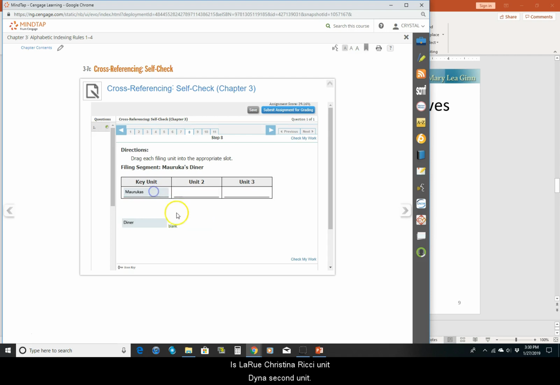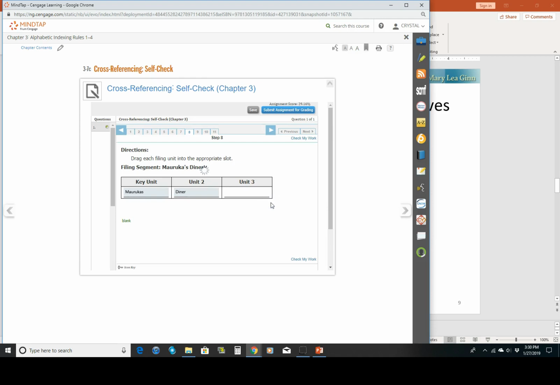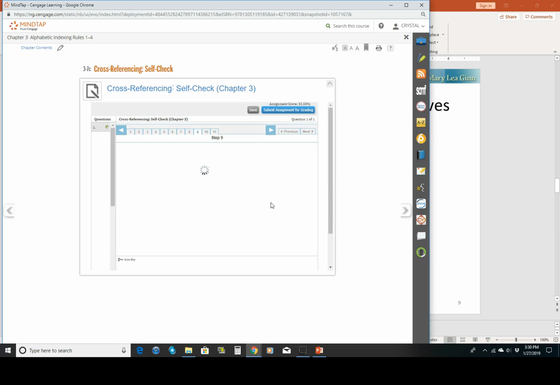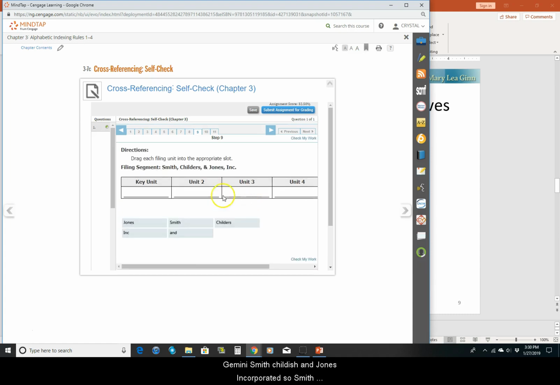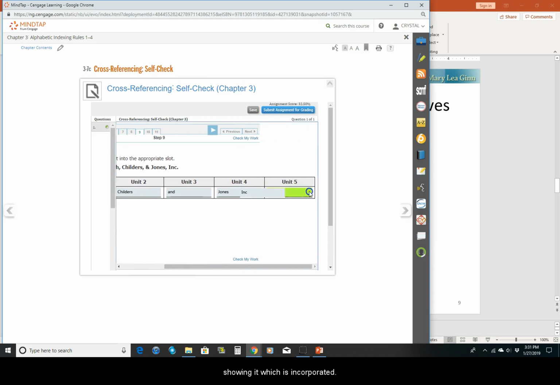So Maruka, key unit, Diner, second unit. Number 9, Smith, Childers, and Jones Incorporated. So Smith would be first, and then Childers, and Jones. And I scroll over so that I can put the last unit, which is Incorporated.